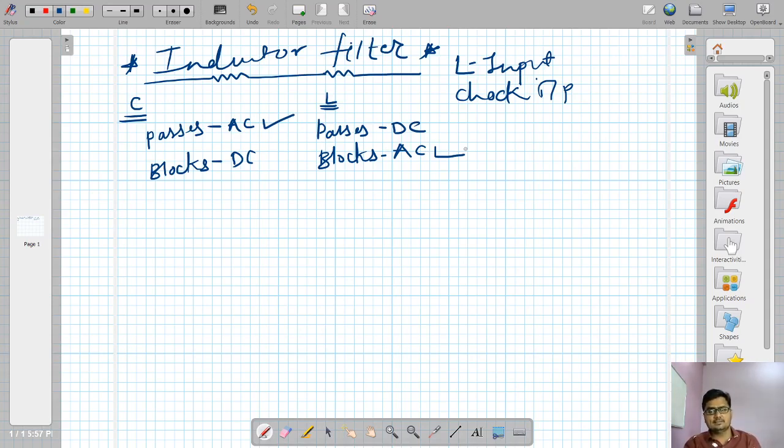Even more than that, inductor has another good property, that it creates back EMF. The concept and the theory of back EMF is well known to us because in first year you have studied electrical machines or basic electrical engineering. Under that you might have studied some motors, induction motors or something.